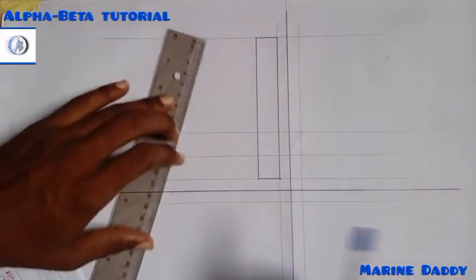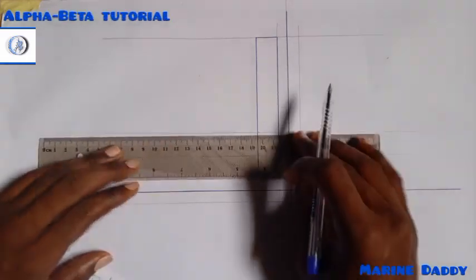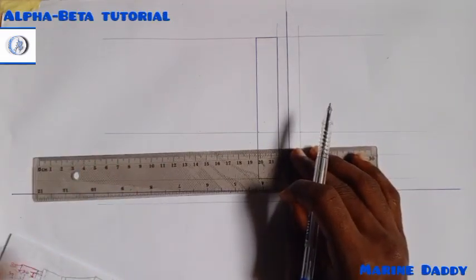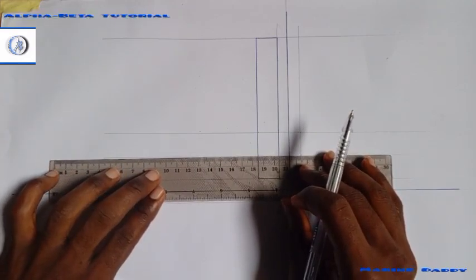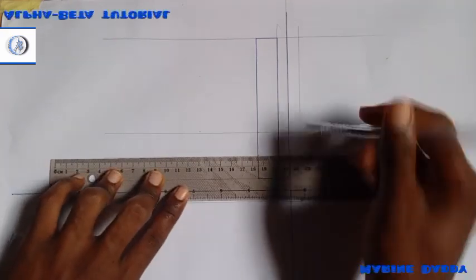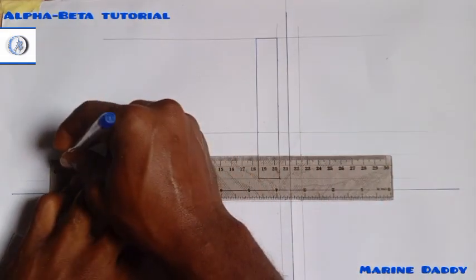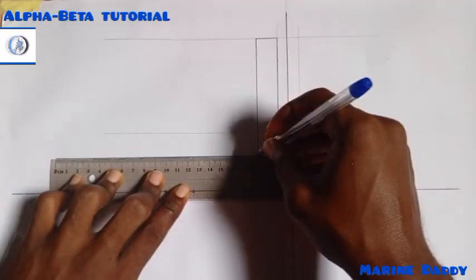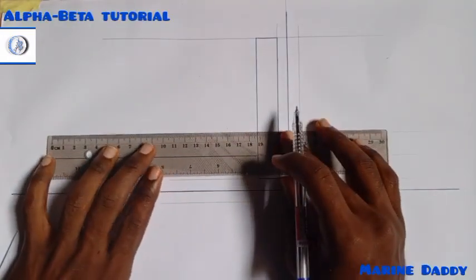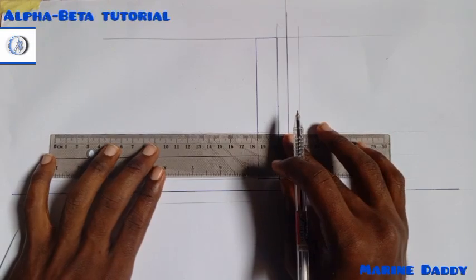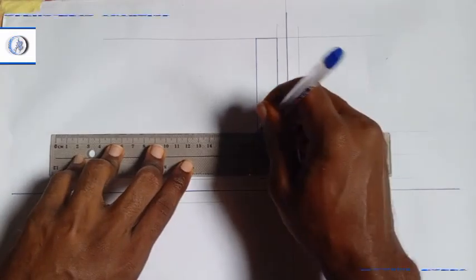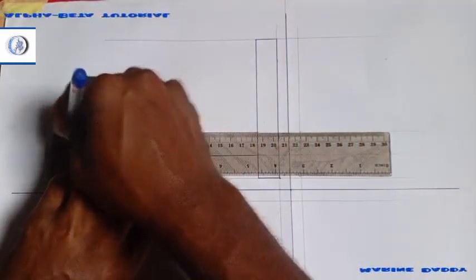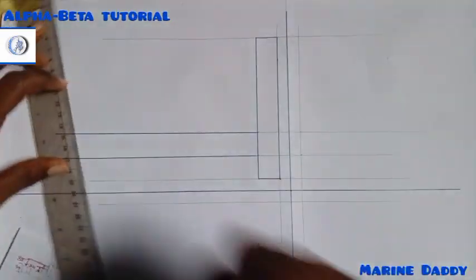Alright, so I can now draw. They say the total is 185, so I'm measuring 185.